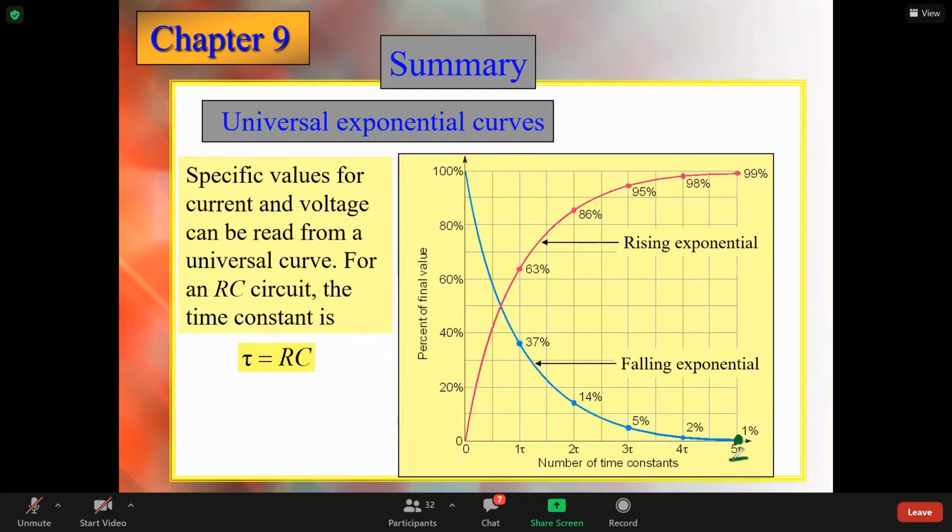Similarly, charging to maximum also takes 5 tau. So 5 tau is basically the time required to fully charge or fully discharge a capacitor. If you know tau, you can simply find how much time it will take to fully charge and fully discharge. Clear? Yes. Thank you.